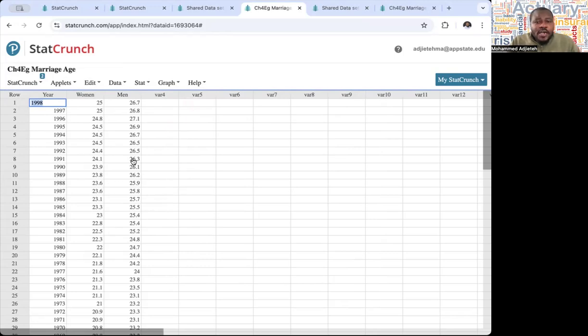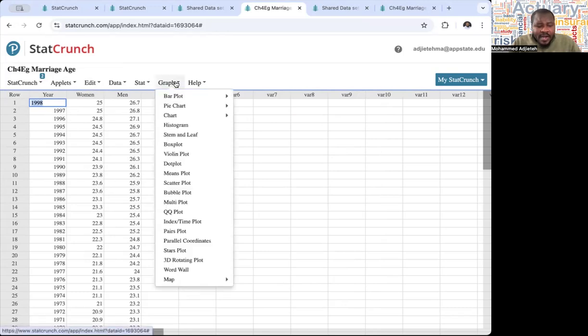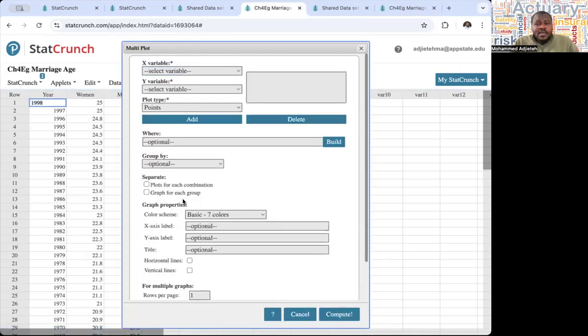So now let's produce the time plot. Same thing, we go to graph, then we go to multi-plot. Anytime we want to show the time plot, our x variable is always the time. So in this situation, our x variable is going to be the year.